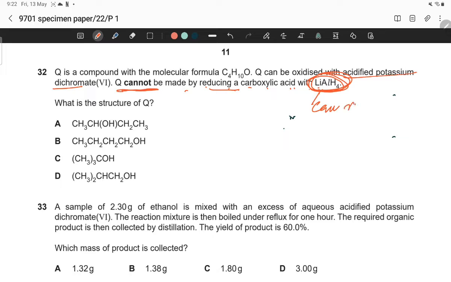Lithium aluminum hydride can reduce carboxylic acid.